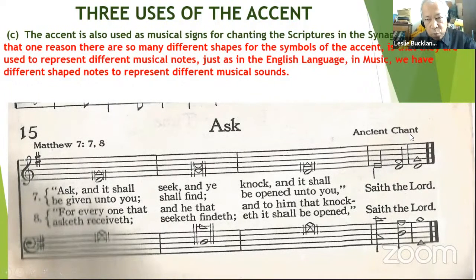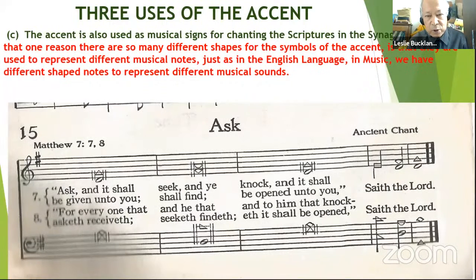Now you may ask, what is a chant? A chant is a kind of singing in which there is hardly any differences between the notes. It's unlike modern songs in which there are many differences between the notes. But in a chant, you have a very simple hymn with hardly any variation.